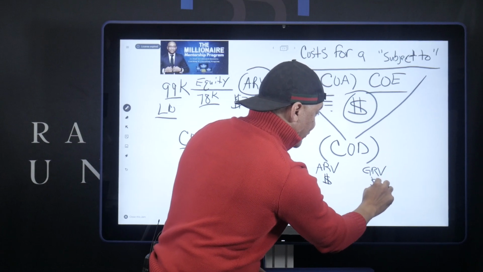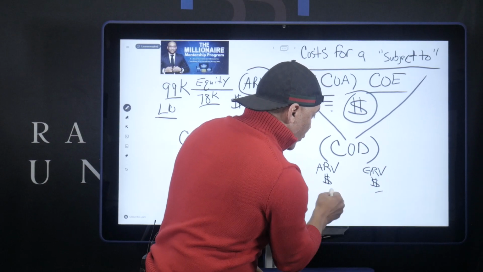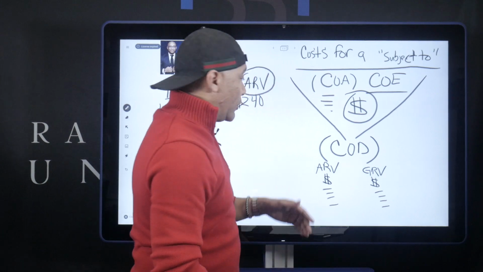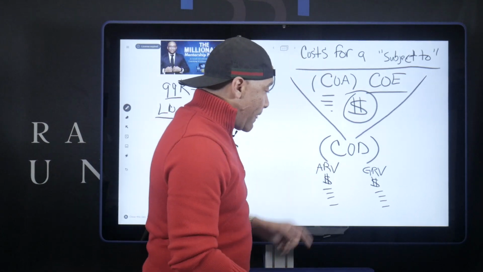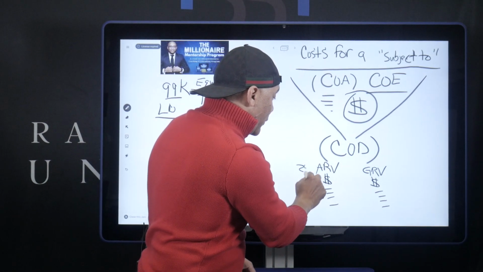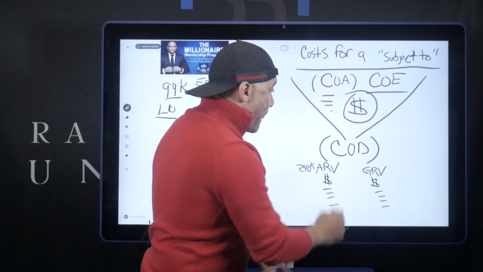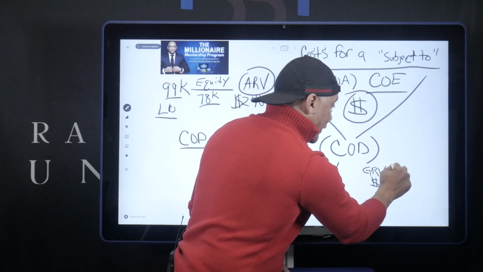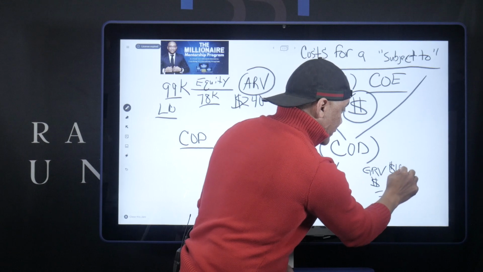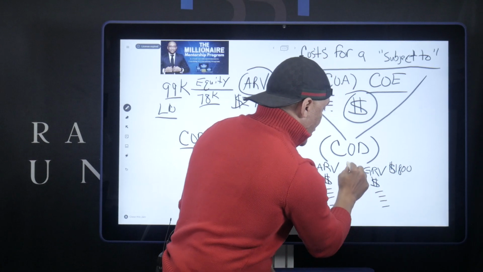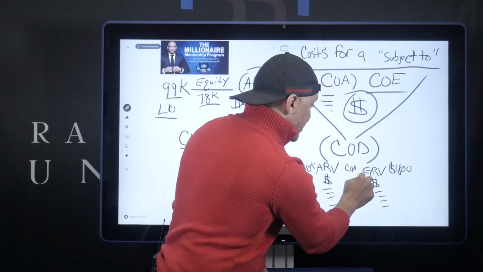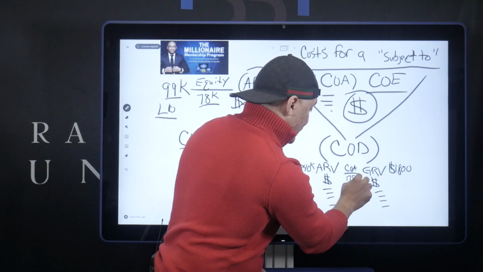How much can I rent it for? Because I want to see what makes the most sense. With this particular case study, I knew I could sell it for $240,000. I could only rent it for about $1,800. But remember, my cost of acquisition at this time was going to be $78,000.